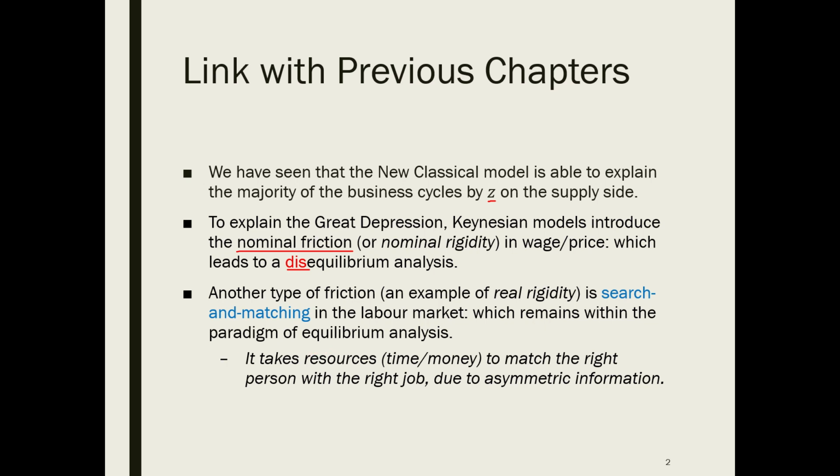This is ignored in the previous new classical model, where labor demand and labor supply are matched instantly. The reason for search and matching is asymmetric information. Firms do not know the right job seekers, so there are always vacancies and unemployment at the same time.